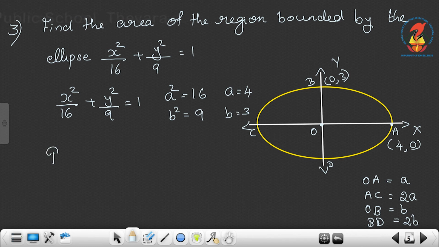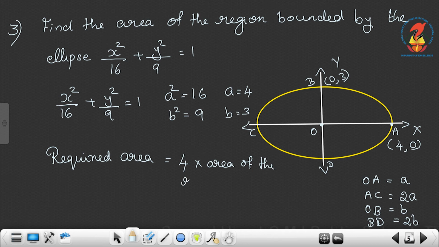So required area is equal to, required area means we have to find ABCD. That is same as 4 times the area of the region OAB. Okay.